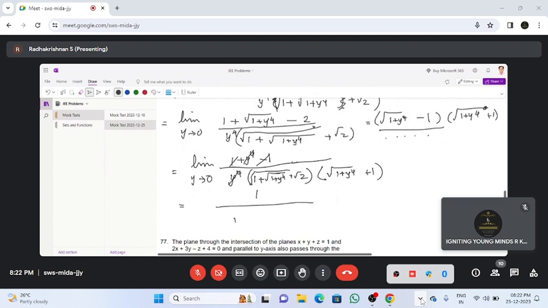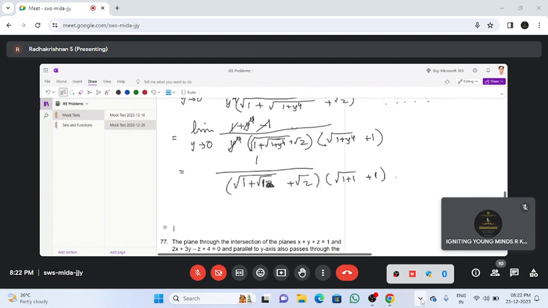The denominator will become square root of 2, sorry, 1. So this is again square root of 2.